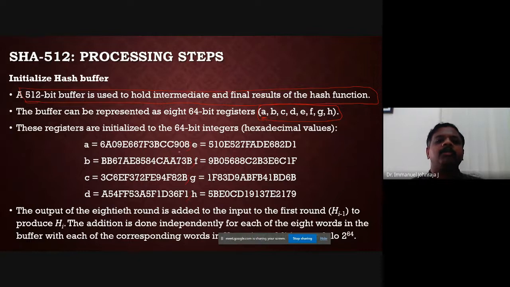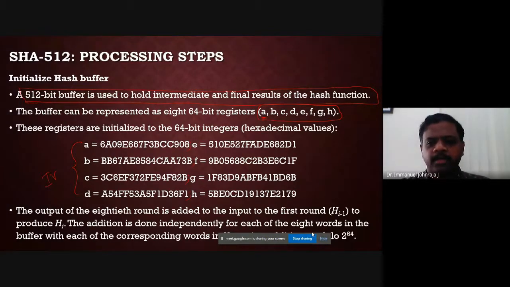So you got 8 registers, each of size 64 bits, and these are all the initial values, the initial vector. So any SHA-512 operation has the initial buffer like this. So it is easy for you to implement in hardware, because it can take up from your program, from the registers, that they will be initialized with these values.